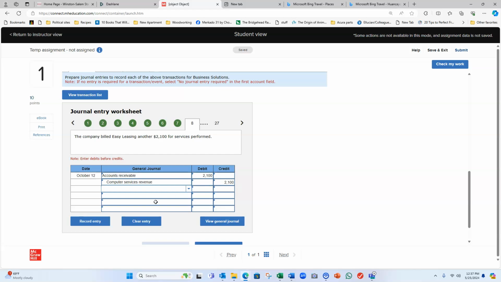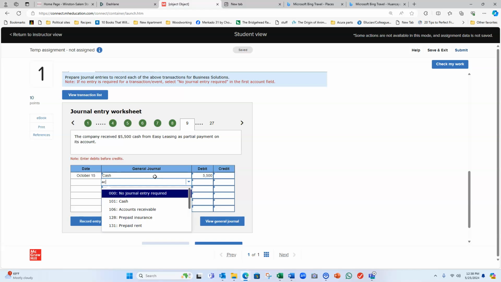Credit the revenue, increasing the right side of the equation through the equity account. The company received $5,000 cash from Easy Listening, so cash is going to be debited, as partial payment on its account. Accounts receivable.